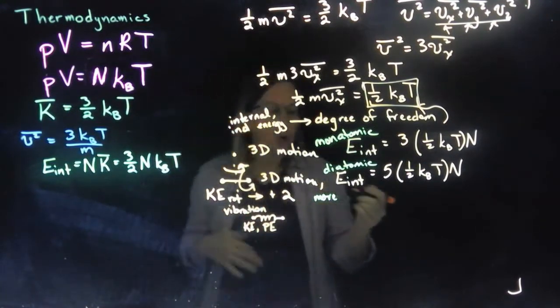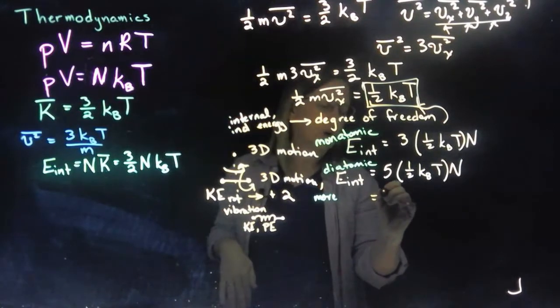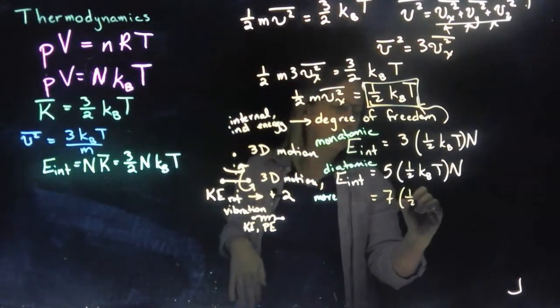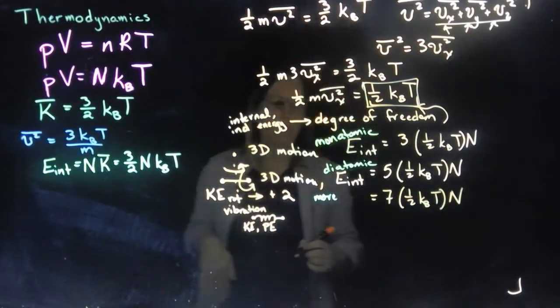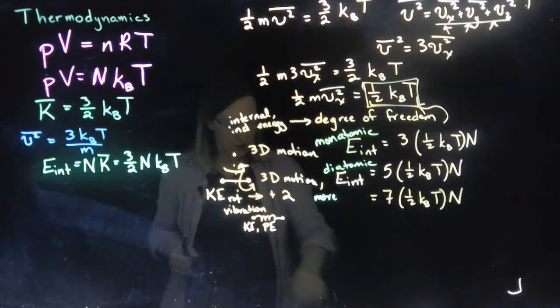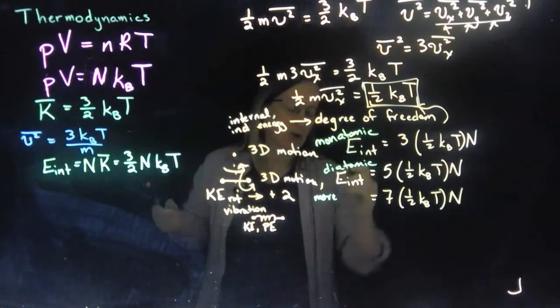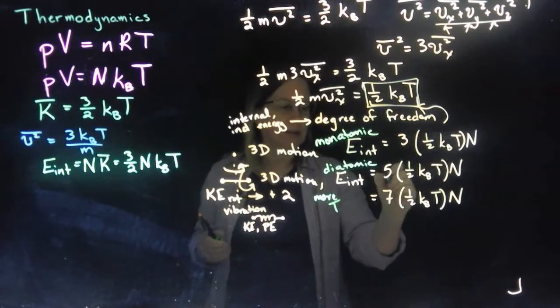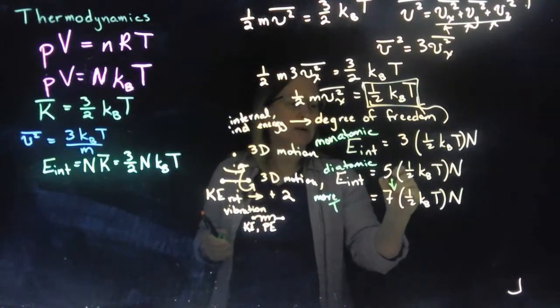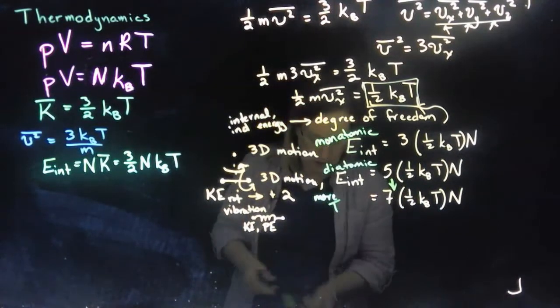And so we get 2 more, and so this can go to 7 times 1/2 kBT N. So that would be for diatomic. So we have more thermal energy. So this isn't quite constant with temperature, right? At some point we sort of make this jump, and it is fairly quantized here.